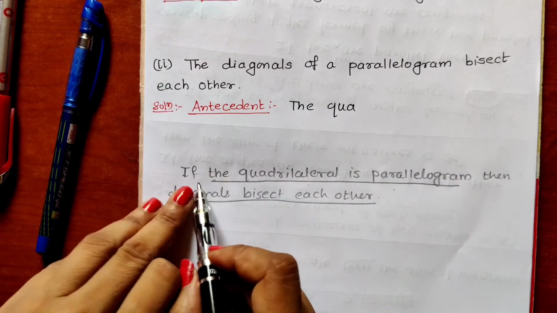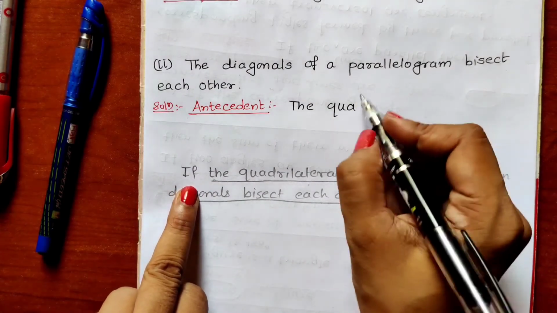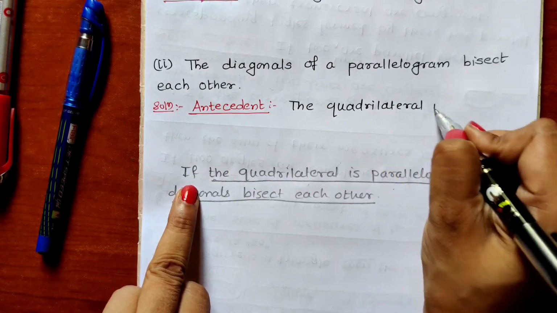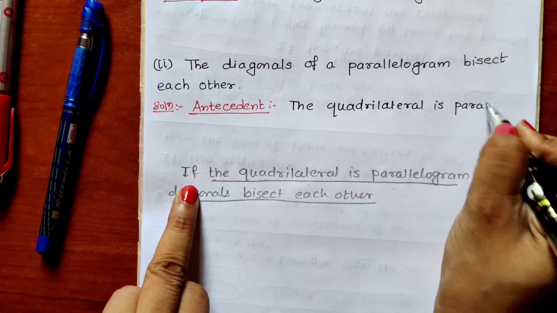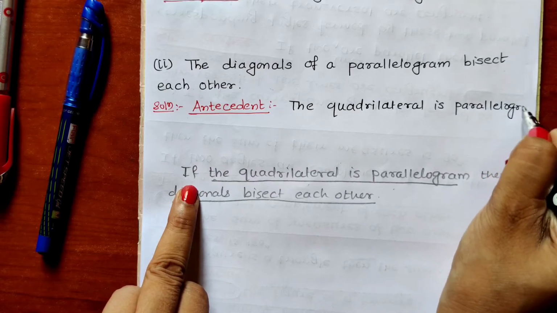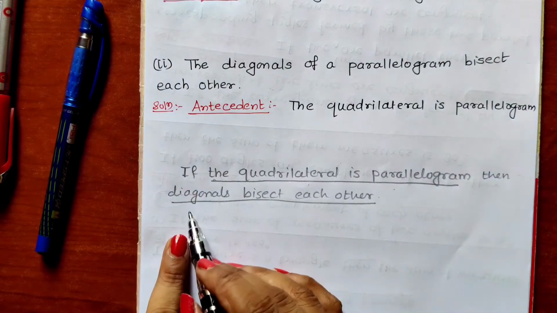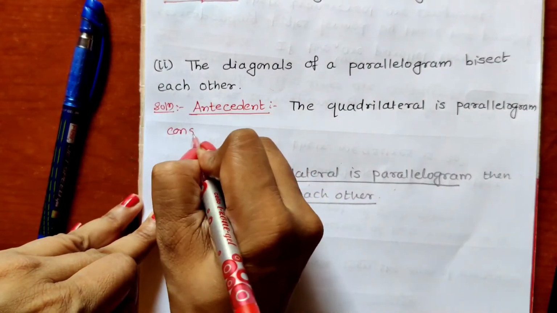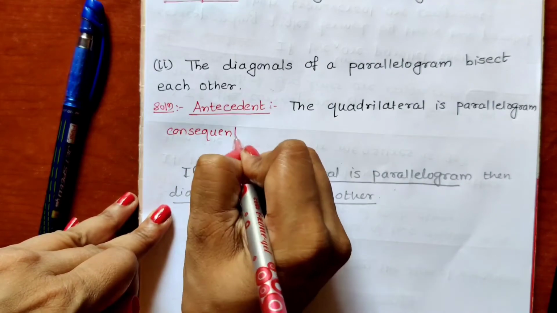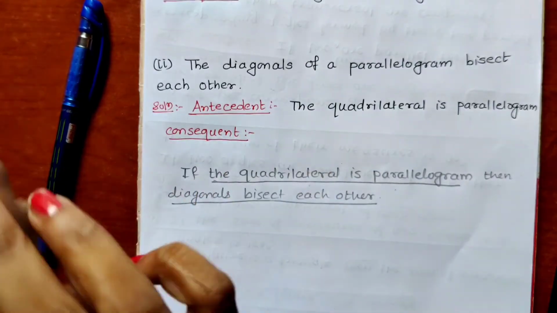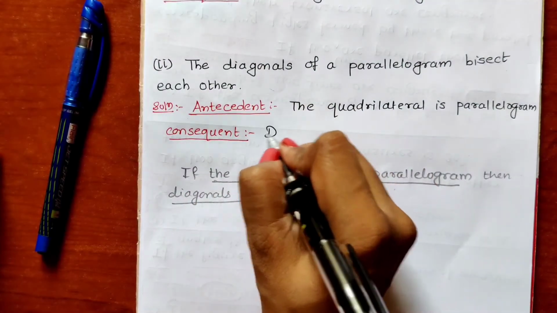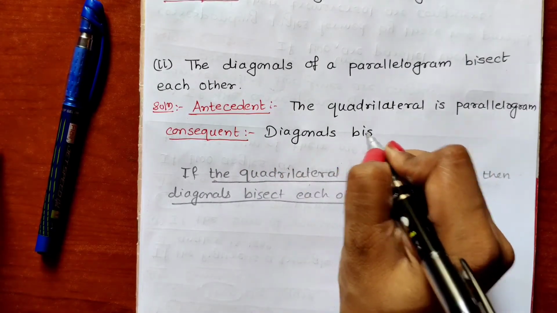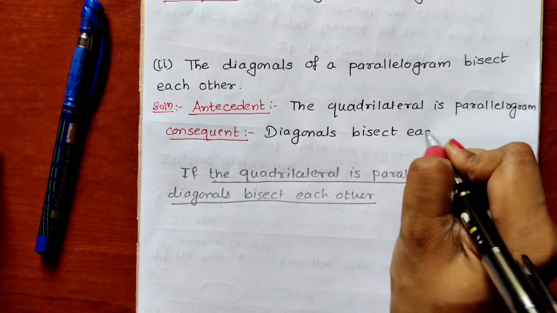So after if, the antecedent is written, the quadrilateral is parallelogram, and after then the consequent is written. So consequent: diagonals bisect each other.